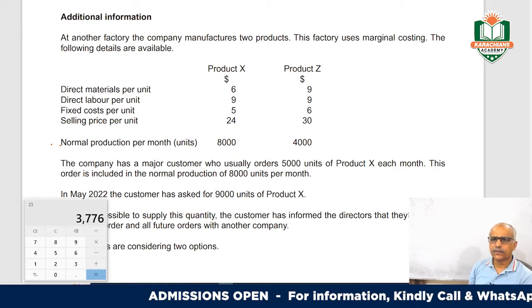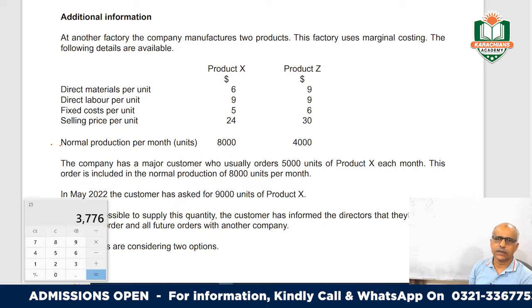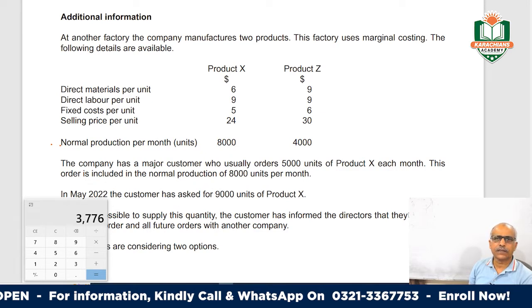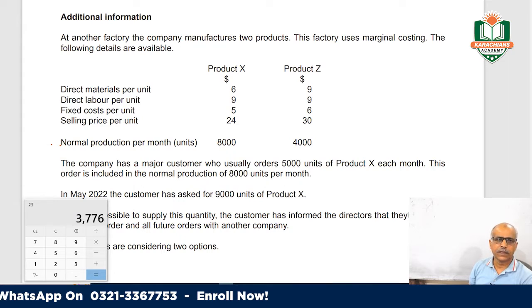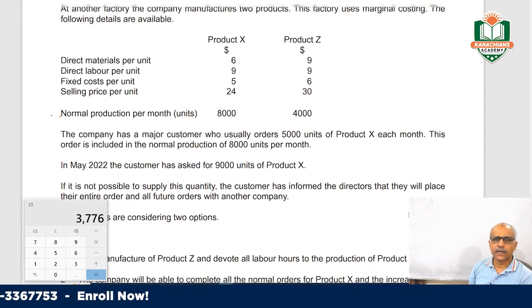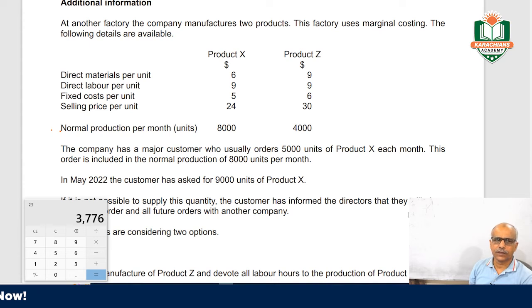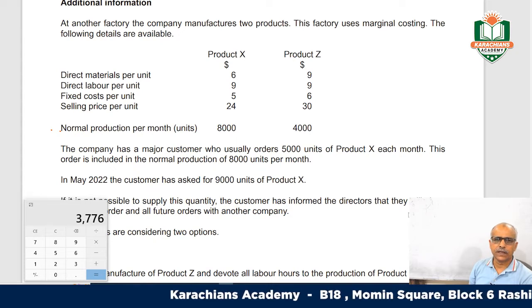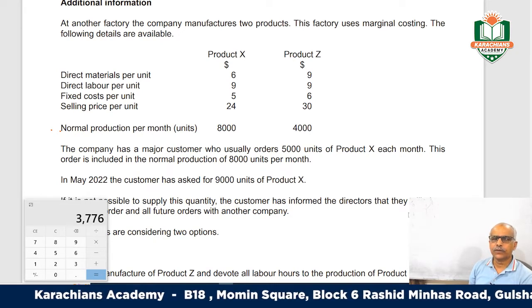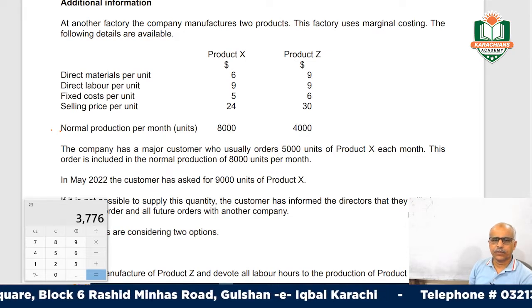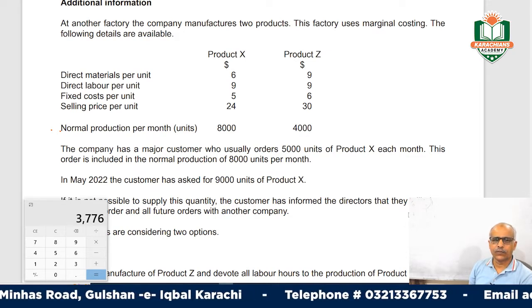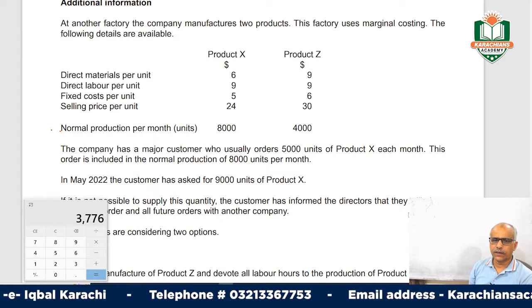This factory uses marginal costing, and in the previous exam question they were using absorption costing, but in another factory they are using marginal costing. The following details are available. Product X, direct materials per unit for X and Z are given. Direct labor per unit is also given. Fixed cost per unit is given for products X and Z, and selling prices, right?